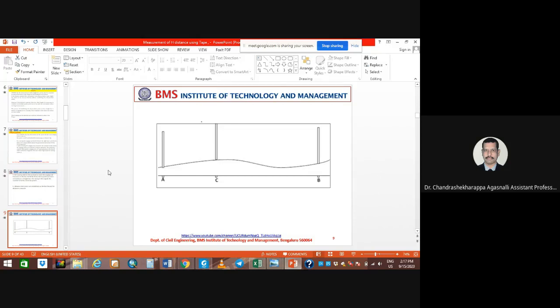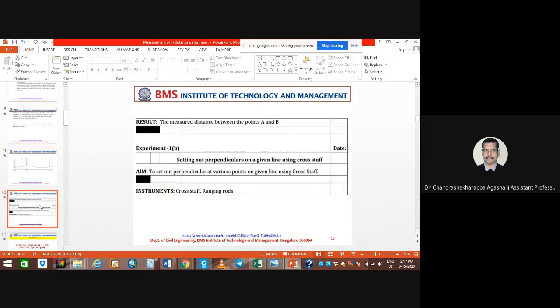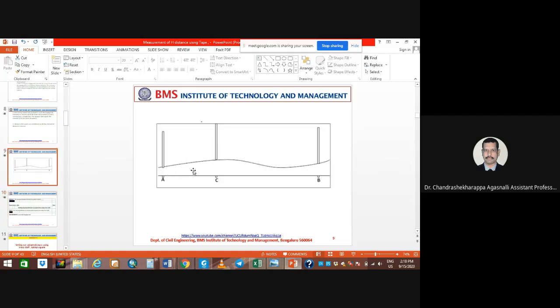That is the issue. This is how we need to establish the station. Finally, whatever the measured distances are between the points A and B, we have to accumulate them. Maybe from A to C is 10 meters, and from the intermediate point C to the main point B, the distance may be 20 meters.